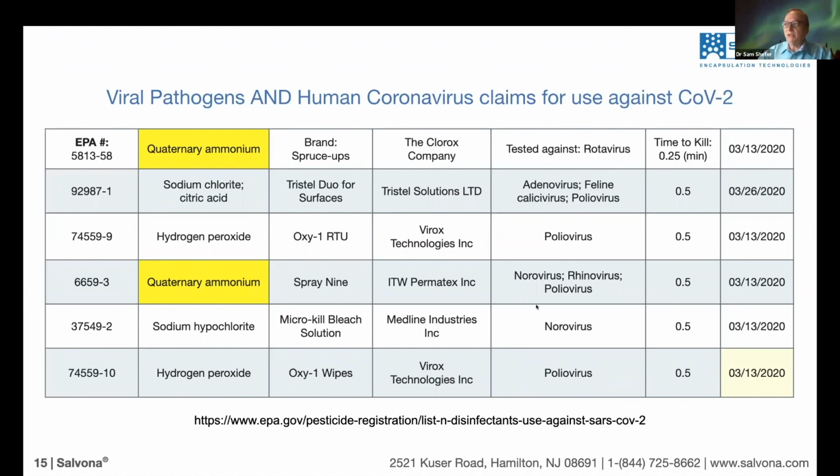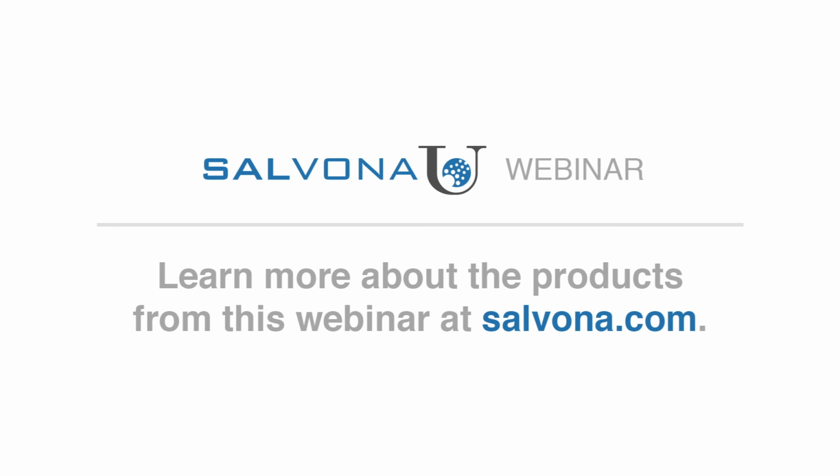If the raw material was tested against norovirus, then they can continue to claim it in their product claim. Okay, and typically the kill time is between 0.25 and 0.5 of a minute, which means it's very fast in killing. So we are using, again, a BKC from a manufacturer that has the number, and we can utilize this number.